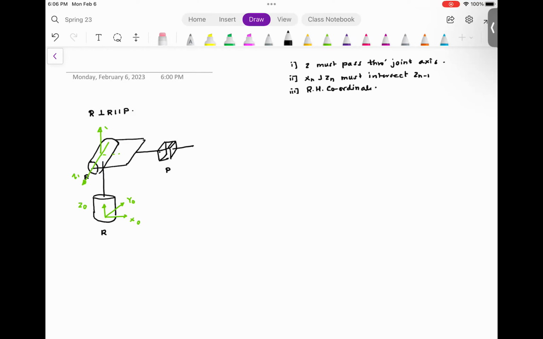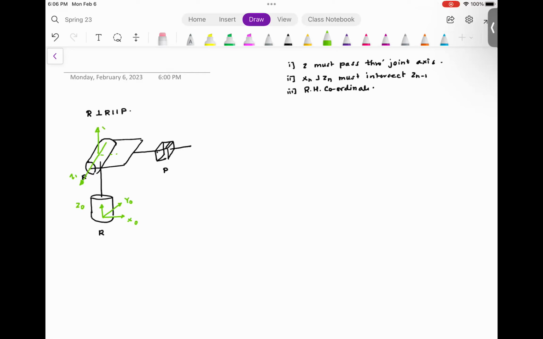Now, at this point, I want to identify what would be the position of X. As you can see, X can go in the vertical direction and X can go in the horizontal direction. But if X goes in the vertical direction, it is perpendicular to Z1, but it's parallel to Z0. So this is the position. This is going to be X1.